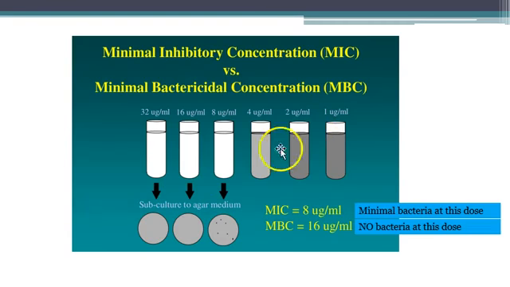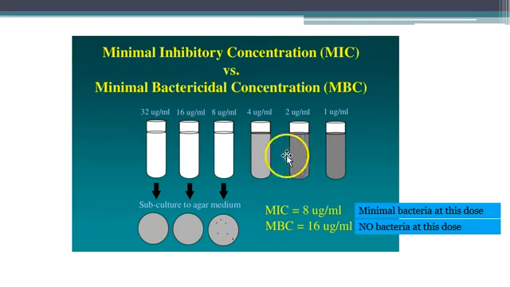Here are serial dilutions taken from a patient and then spiked with a known concentration of antibiotic. You can see that at 1 microgram per ml, 2 micrograms per ml, and up to 4 micrograms per ml, we can still see some bacteria.